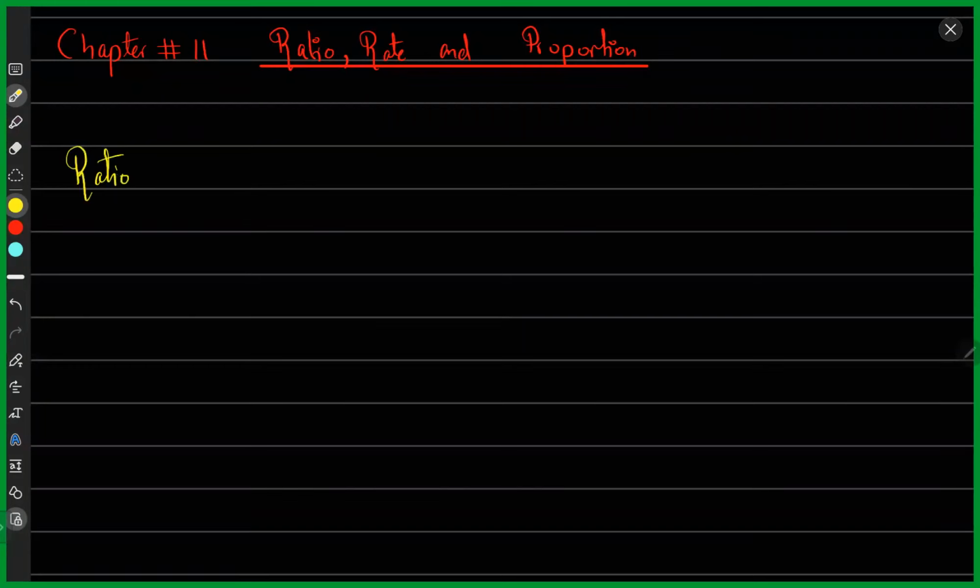Okay, if I say the ratio of A to B in English, how do I write this thing mathematically?